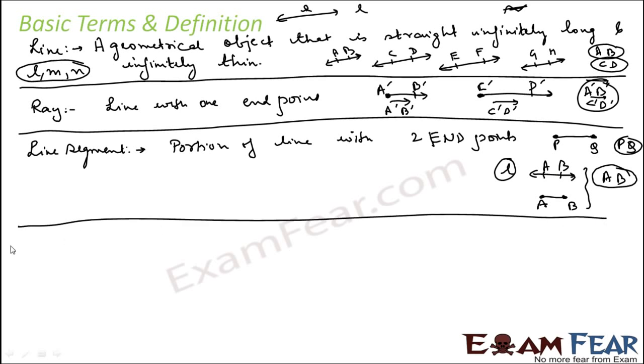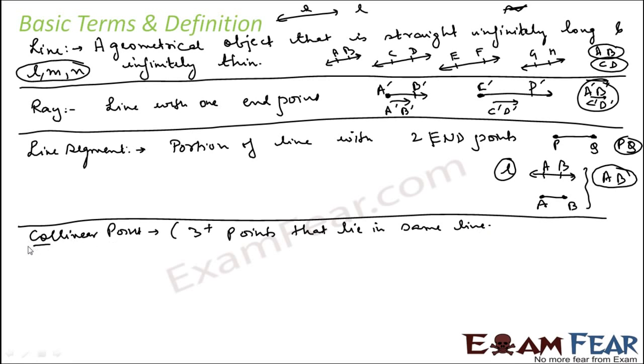There are other terms like collinear points. Collinear points are 3 or more points that lie in the same line. See, co means together, linear means same line.